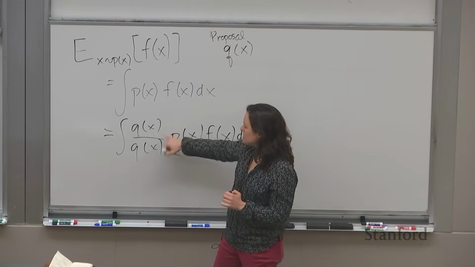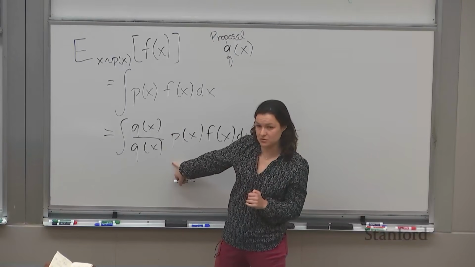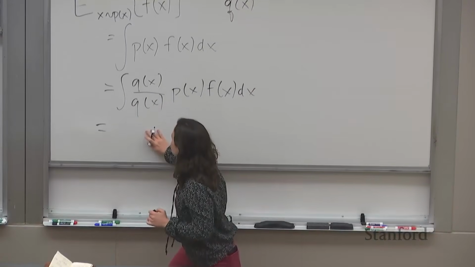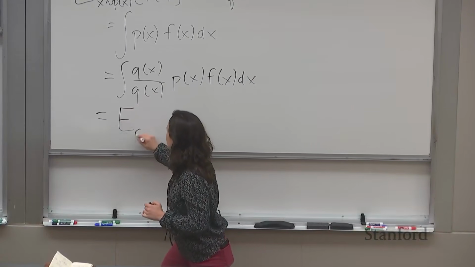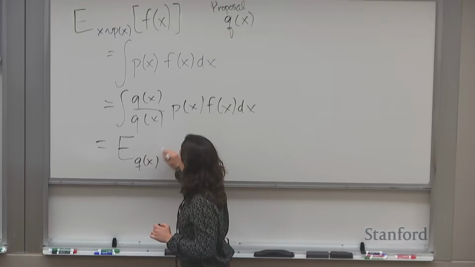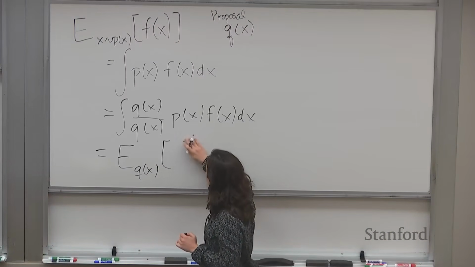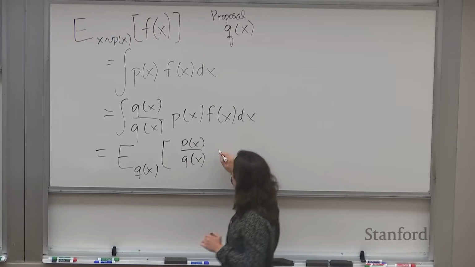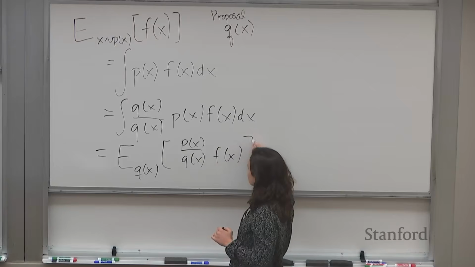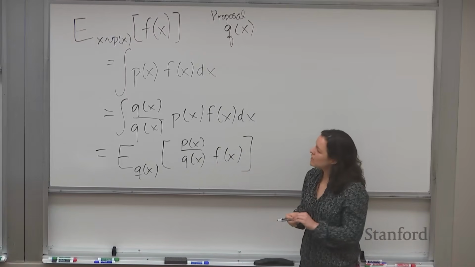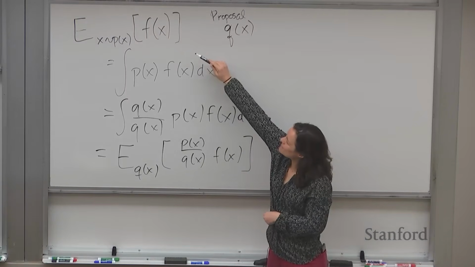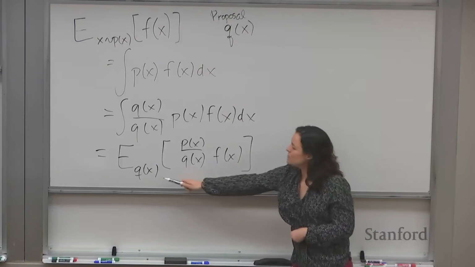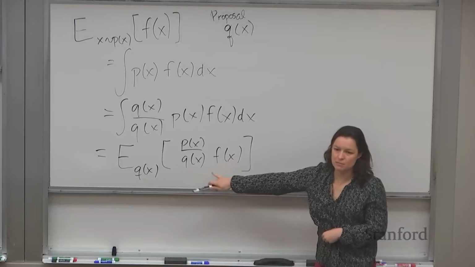And then we can write this as an expectation with respect to Q. So this is equal to an expectation with respect to Q of P of X divided by Q of X times f of X. This means that we can get this expectation by sampling from Q and then weighting the quantity by P over Q.